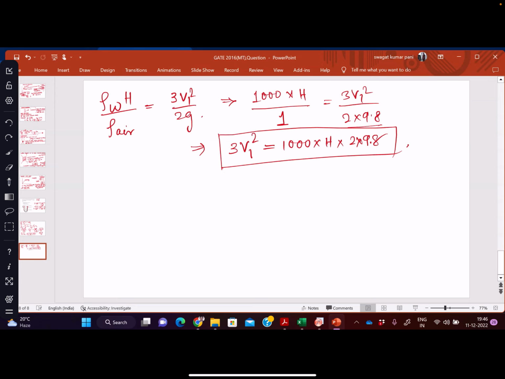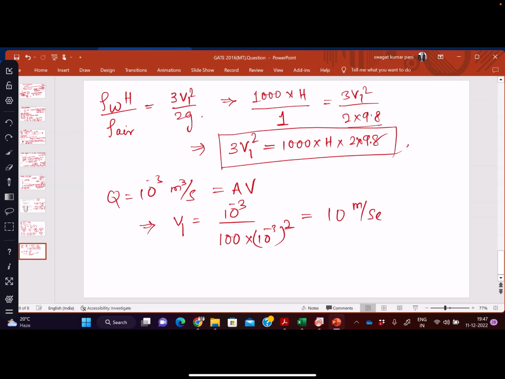So what is V1? Q is given as 10 to the minus 3 meter cube per second, and Q is basically A V. The area is 100 mm square, that means 100 times 10 to the minus 6. So it comes to 10 meter per second.